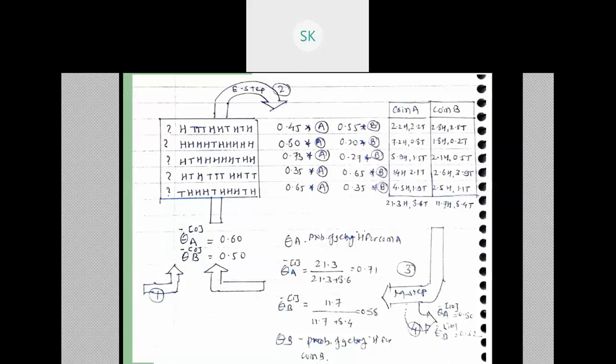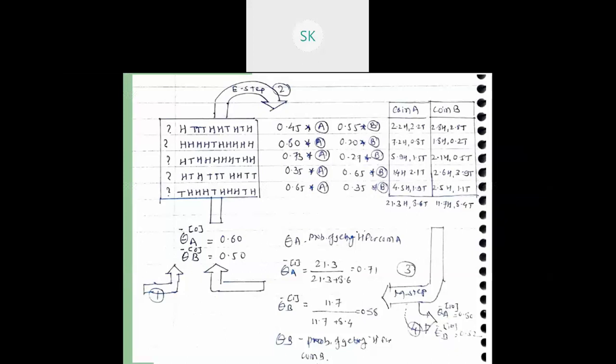In this way, the first computation is provided in this box. This is our assumption, and these are our experimentation results of the sequences by the coins.